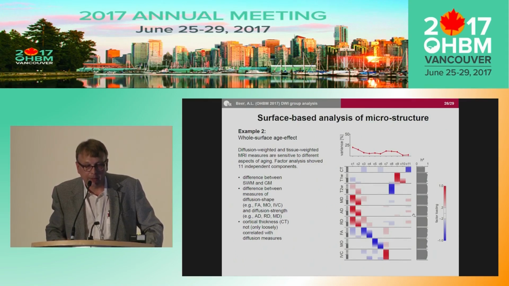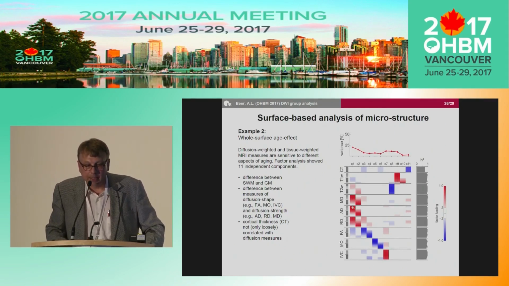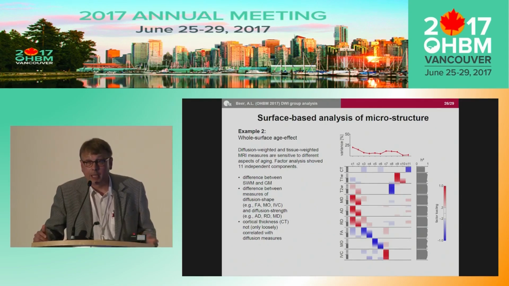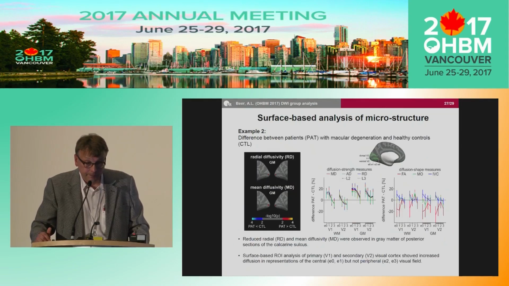This is the factor loading matrix for the different measures: cortical thickness, mean diffusion, axial diffusion, radial diffusion, fractional anisotropy, and so forth. We can see that these measures load on quite independent components, suggesting that the changes across different diffusion properties are not measuring the same aspect of aging that we see with cortical thickness analysis.